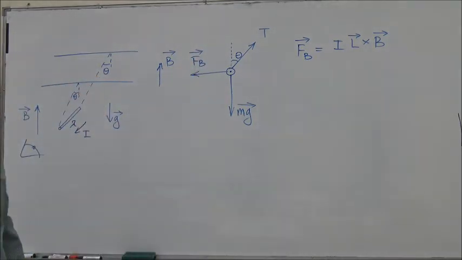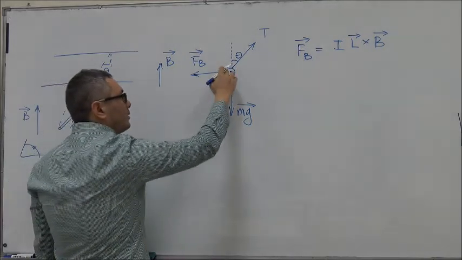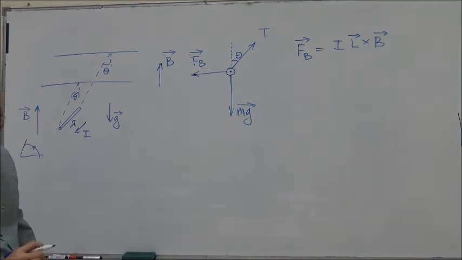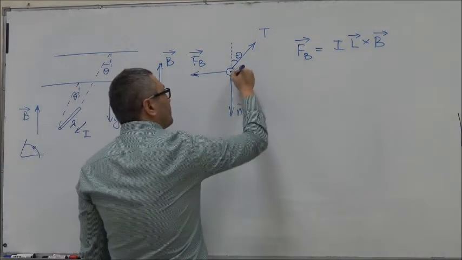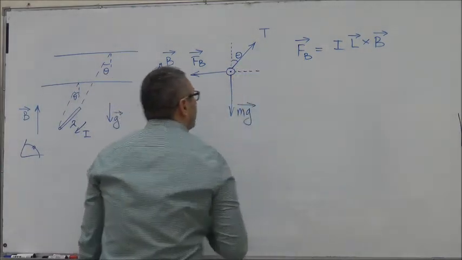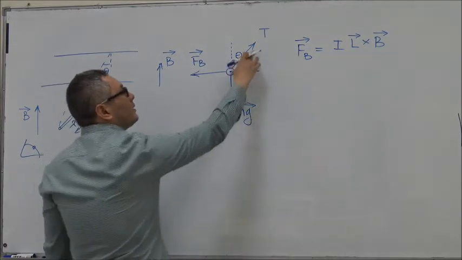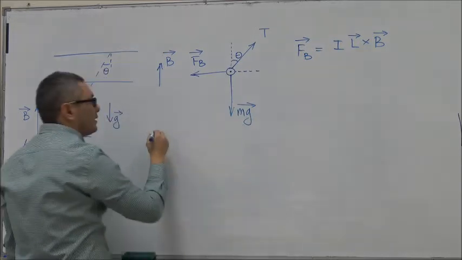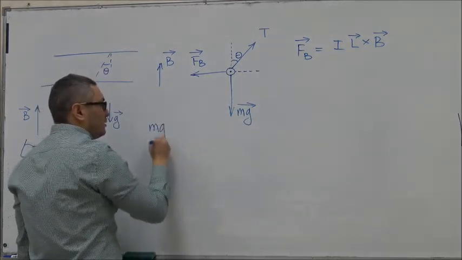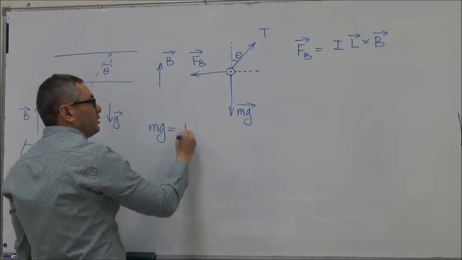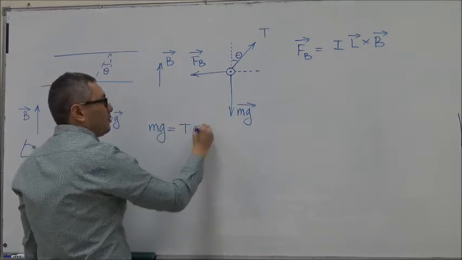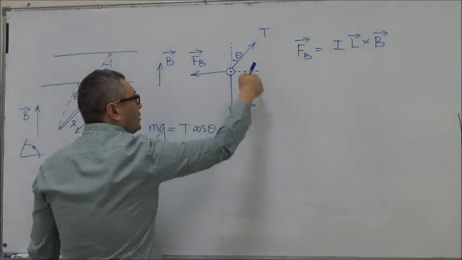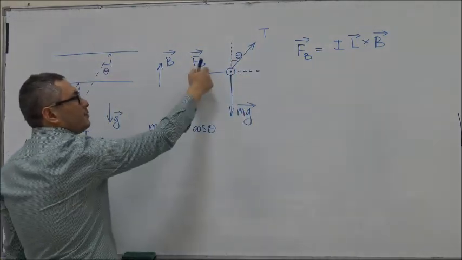Okay, so from the analysis of this free body diagram, we can now deduce what is the magnitude of the magnetic field B. Well, first of all, we can see that the vertical components of tension balances mg. So we can say that mg is equal to tension times cosine theta. And on the other hand, we can say that the horizontal components of tension balances FB.